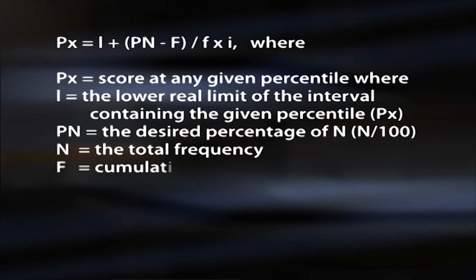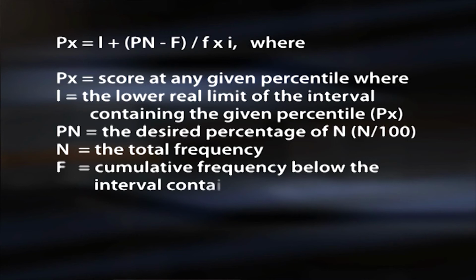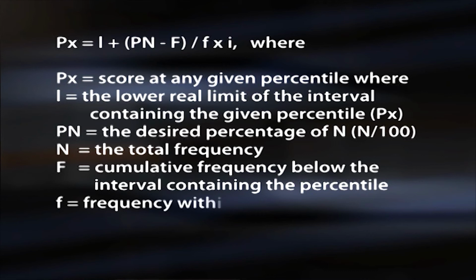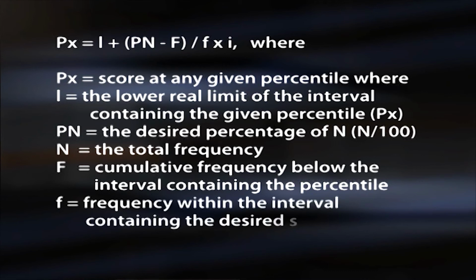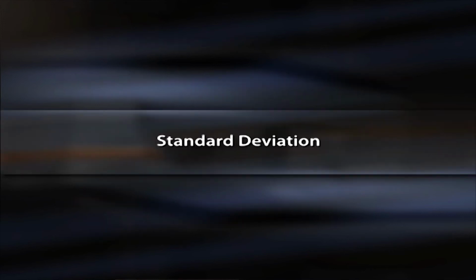Pn is the desired percentage of n, that is n divided by 100. N is the total frequency, capital F is the cumulative frequency below the interval containing the percentile. Small f is the frequency within the interval containing the desired score. I is the interval size.